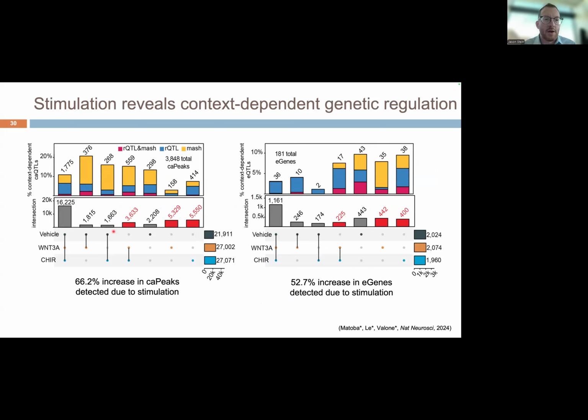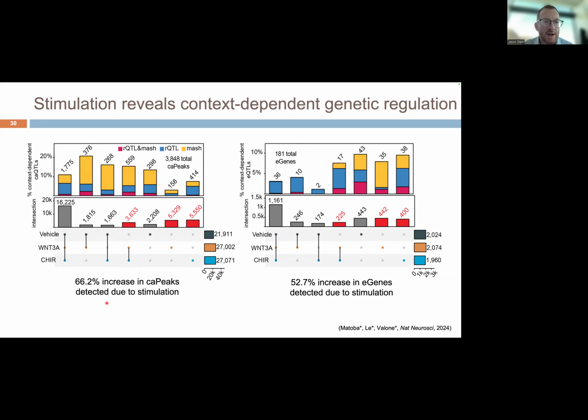So we can compare those QTLs across different conditions, shown here in an UpSet plot. And most QTLs that we detected, for example, here CA QTLs and here eQTLs, were consistent regardless of stimulation condition. However, some of the QTLs were only detected in the stimulus conditions in either Wnt3A or CHIR, and those are shown here.